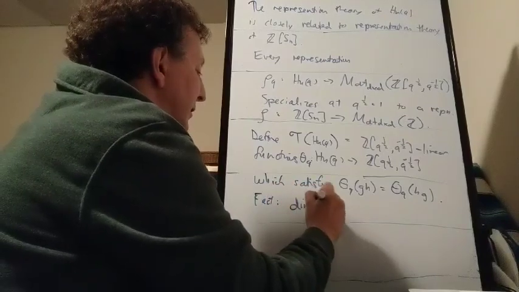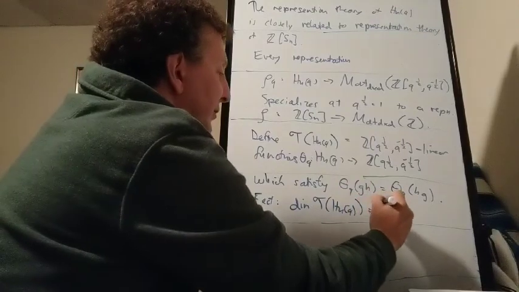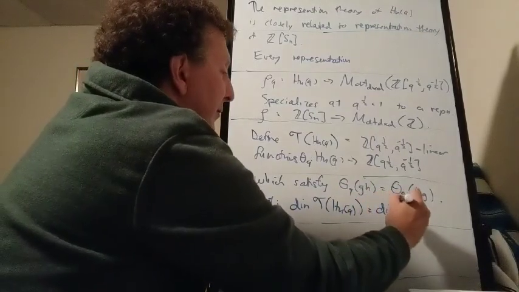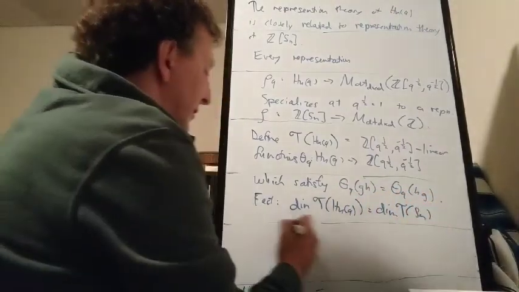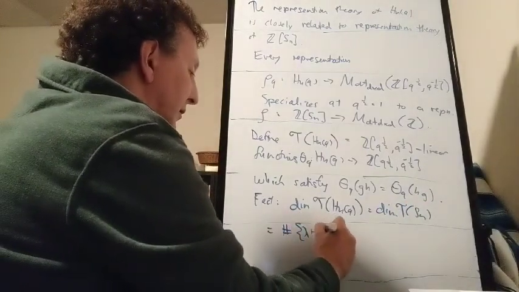So the dimension of the trace space of the Hecke algebra equals the dimension of the trace space of Sn, which is the number of partitions of n.